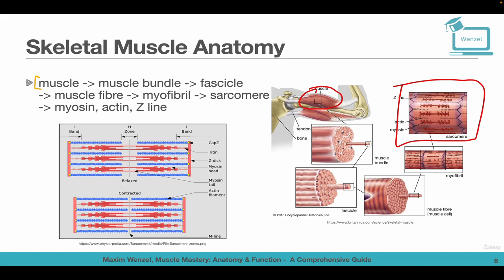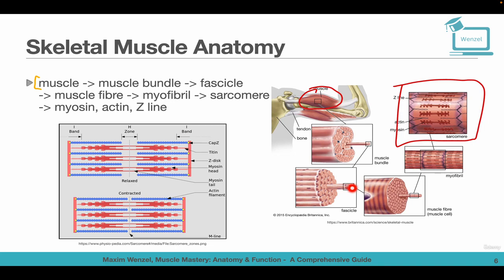When we look into how the muscle is built, at first we will see muscle bundles, because a muscle consists of many different muscle bundles. When we take a look how a muscle bundle is built, we can see it consists of different fascicles.